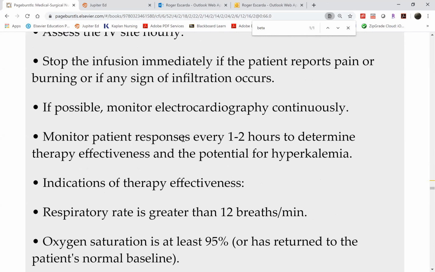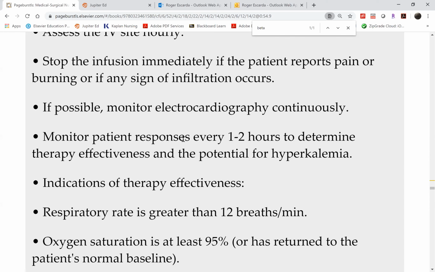Because we are limited to a rate of 10 milliequivalents of IV potassium per hour, is it easy or hard to treat hypokalemia? Hard. Extremely hard. So if you're at a level of less than 3, let's say 2.6, 2.7, that's already severe, it will take at least 24 hours or even 48 hours to correct that.